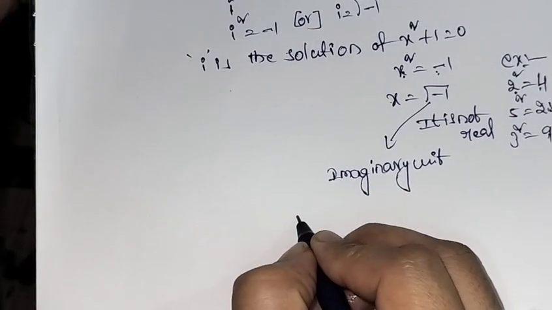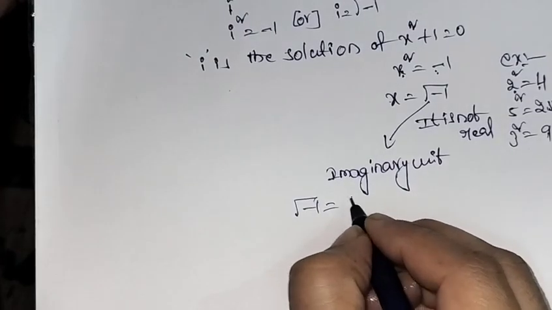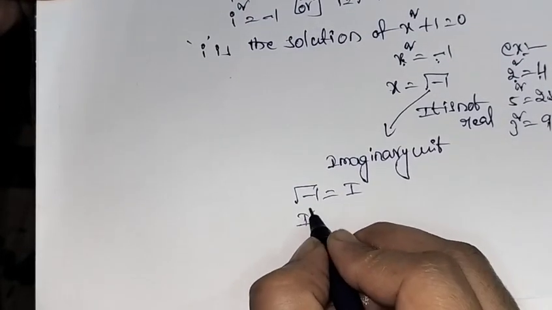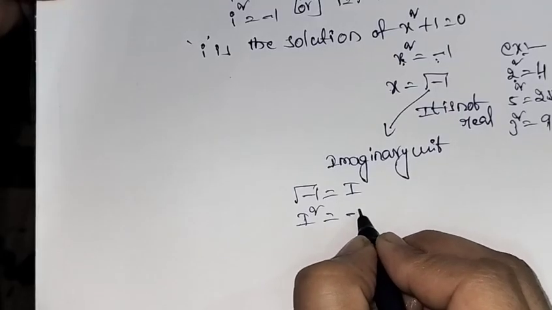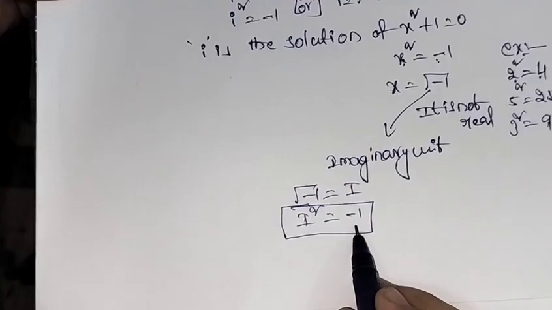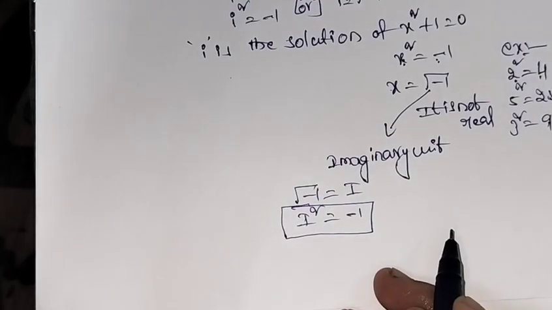So root minus 1 is equal to i. You can square on both sides: i square is equal to minus 1. You can use i square is equal to minus 1 in problems.